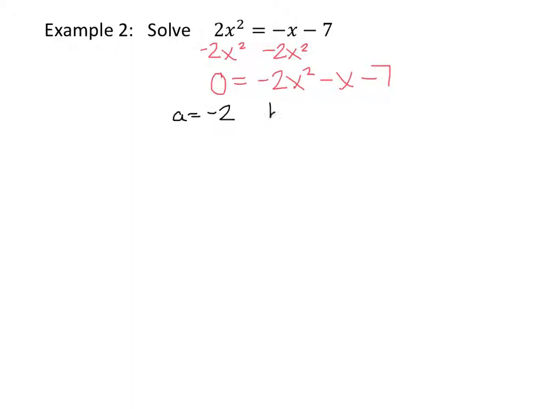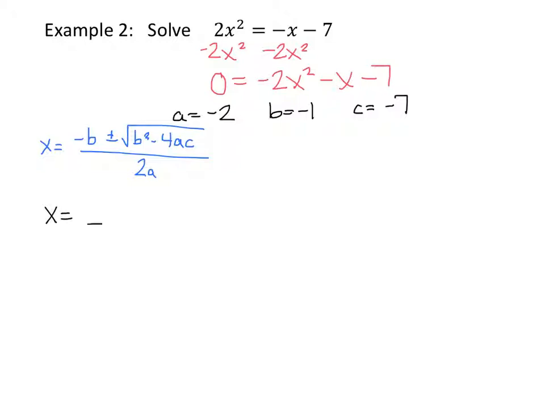What does our b equal? Negative 1, right? What does the c equal? Negative 7. All right. I'll rewrite the formula so we have it down here. I'll give this formula to you on the test. You don't have to memorize it. Negative b plus or minus square root of b squared minus 4ac all over 2a. That's just so we can see it on the screen.